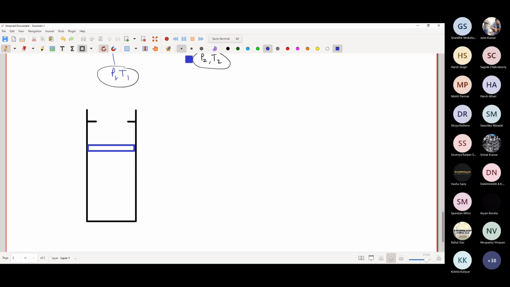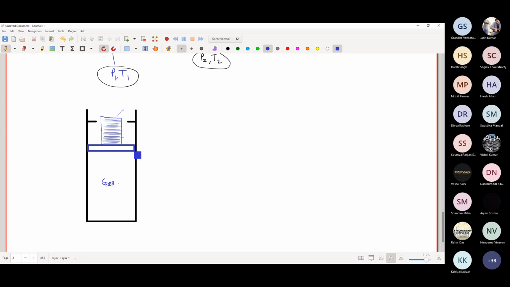All right. And this is the gas. And say it has a lot of thin discs, like a huge number of thin discs. And what you can do is you can pick up one disk at a time. Okay.